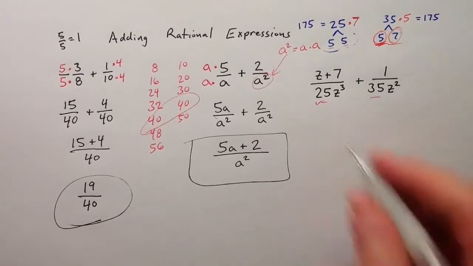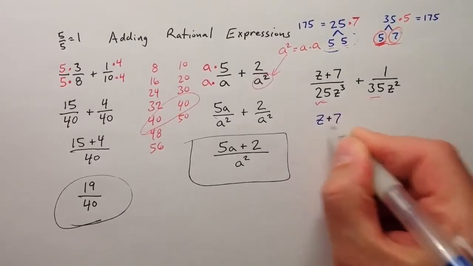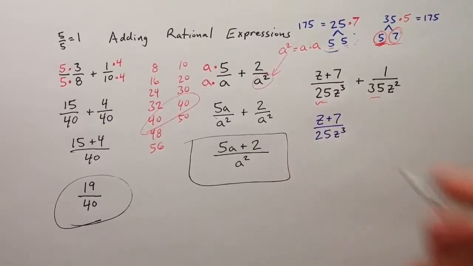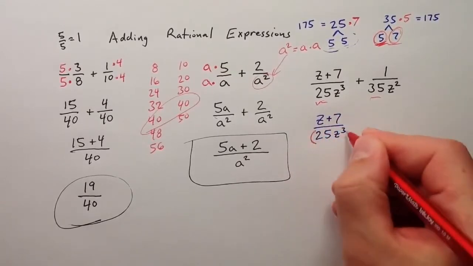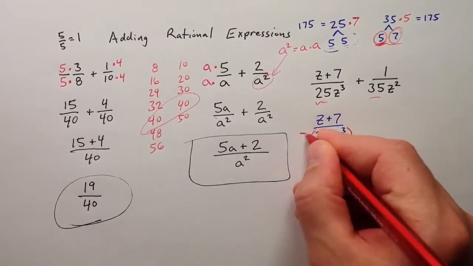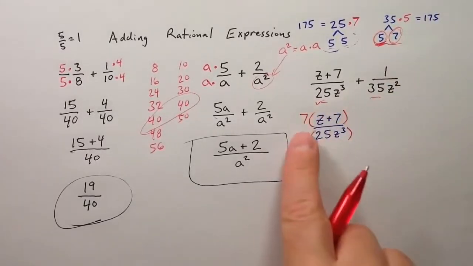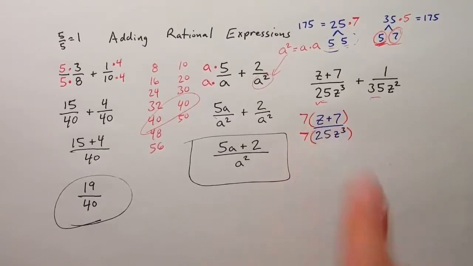So in terms of the fractions, let me write this out here. So I have z plus 7 over 25z cubed. For that first rational expression, I want to multiply the top and the bottom simply by 7. I'm using parentheses here because I want that 7 to multiply both the z and the 7 up top.